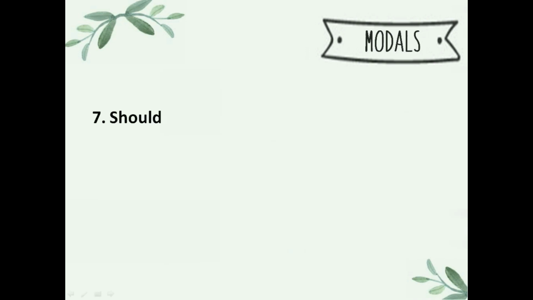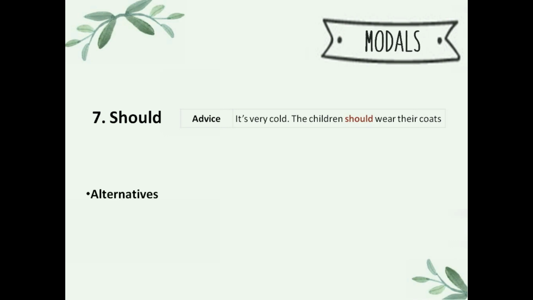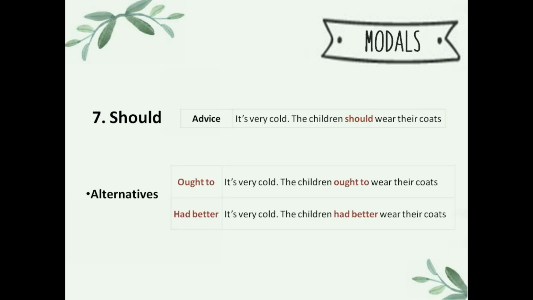Well, number 7 is should, and should only has one use. It is used to talk about advice. "It's very cold, the children should wear their coats." Only one use. This is one of the easy modals. And you also need to know that there are 2 alternatives.